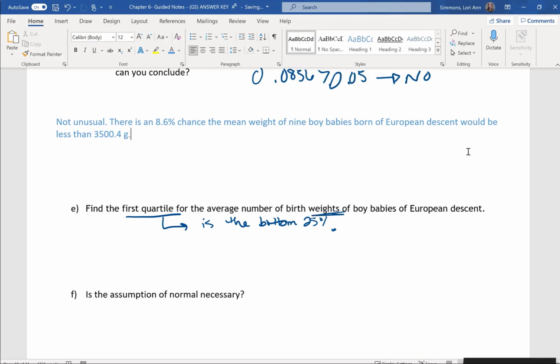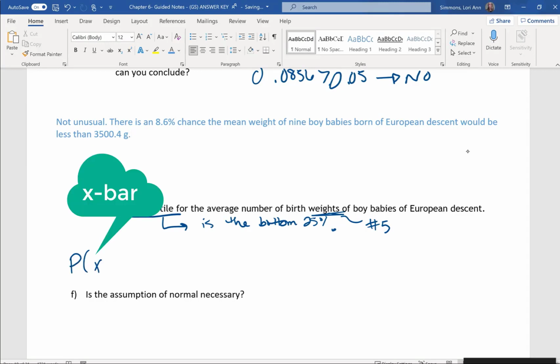That's what we're looking for. We're not looking for probability. So that should indicate number 5 on the calculator sheet. Okay, so we're looking for x bar is less than, right? Because we're looking at the 25%, the quartile. So we're looking at that value.